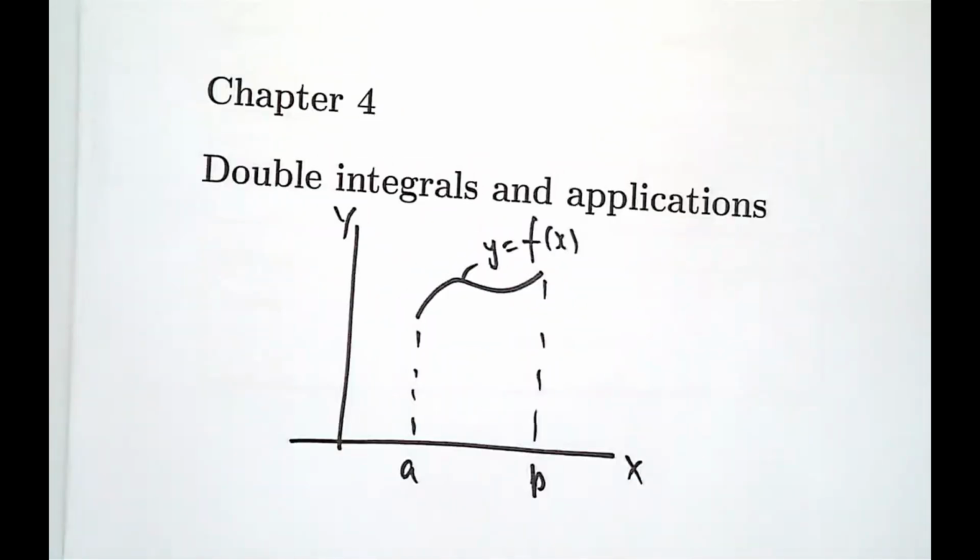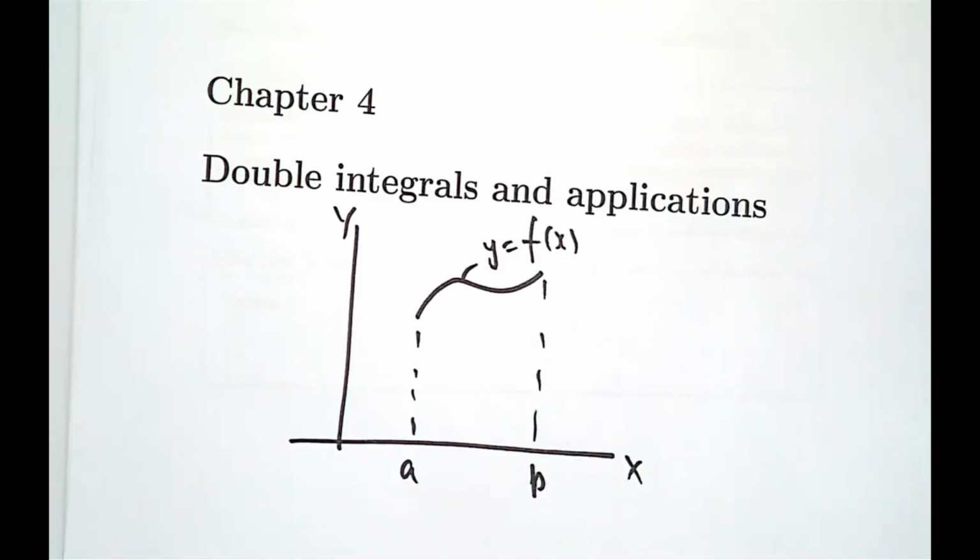All right, a super common problem from integral calculus in high school. You got a curve, you got 2 points on the x-axis, and you want to calculate the area between the x-axis and the curve, right? So a and b are just numbers.